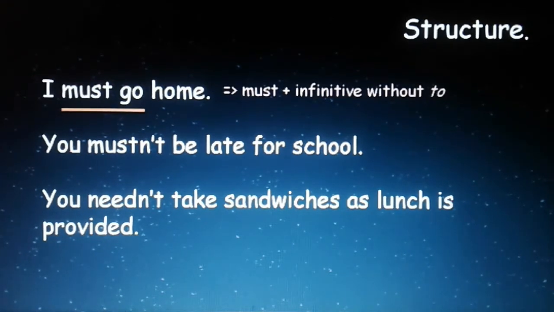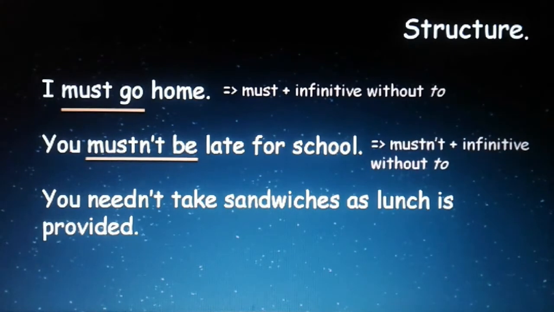If you want to form a sentence using mustn't, then the rule that you should follow is mustn't and use infinitive without to. So, be here is an infinitive without to.